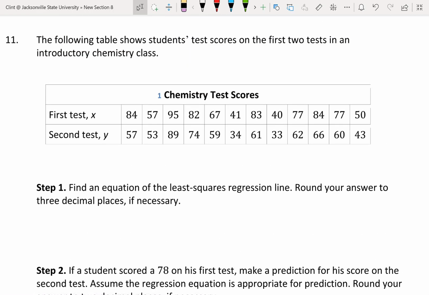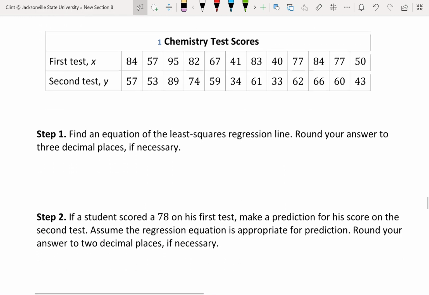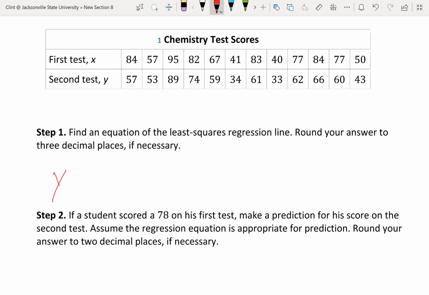For 11, we're given first test scores and second test scores for a chemistry class. It says find an equation of the least squares regression line. I'll put the formula on the formula sheet, so I'll give you this.